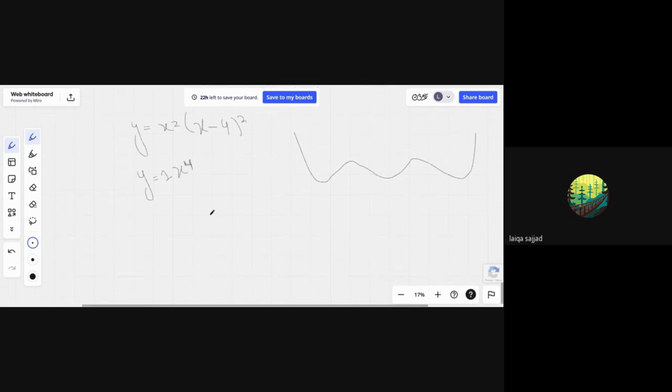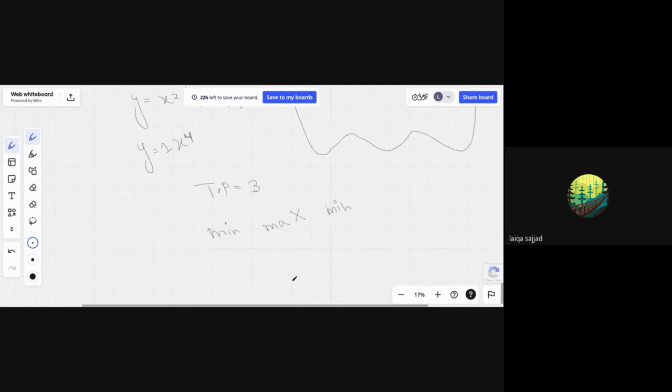So we know that the turning points are 3. On the extremes, we will have the minimum, then a maximum in between, and then a minimum again. So it would be like this.